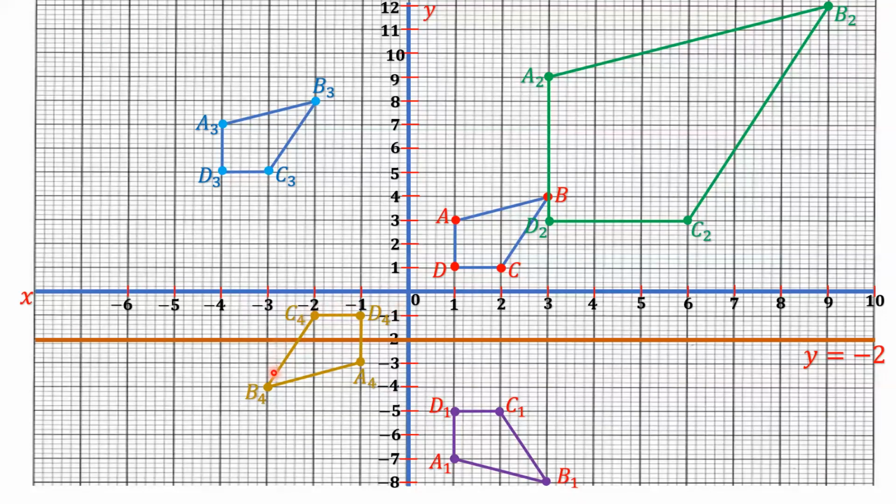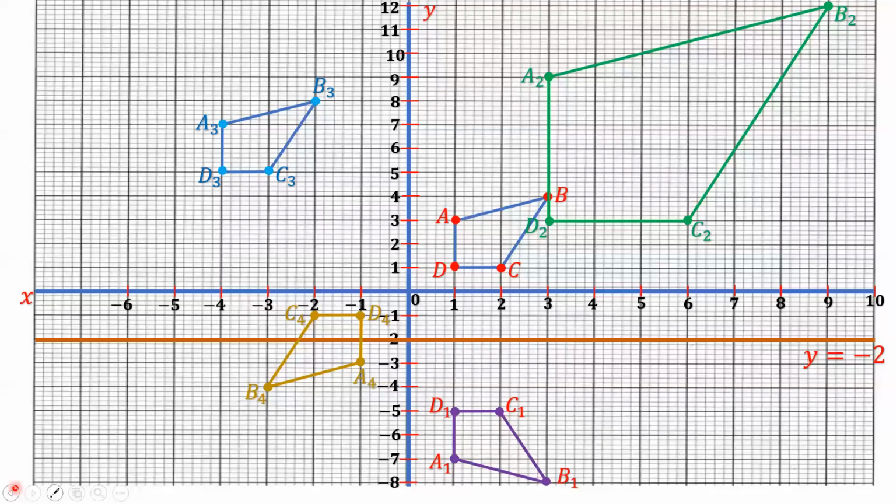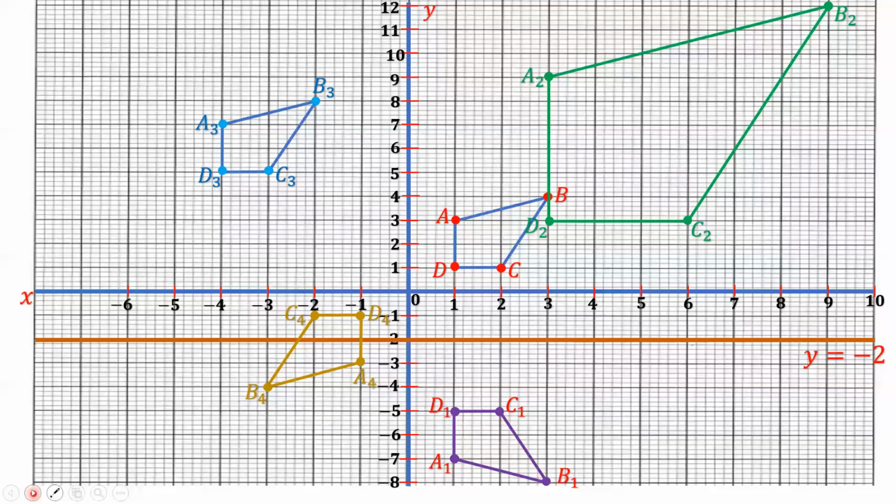So when we plot all of them, this is what we get. And what they want us to figure out is what is the single transformation that maps A, B, C, D onto A4, B4, C4, and D4. Now, if you notice carefully, this right here is a rotation.